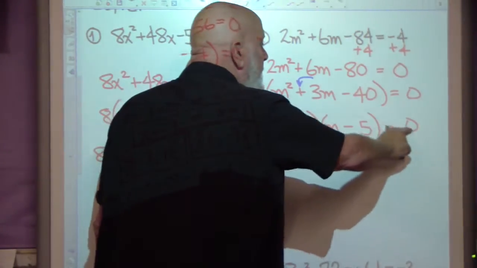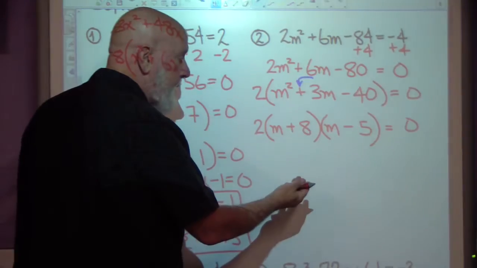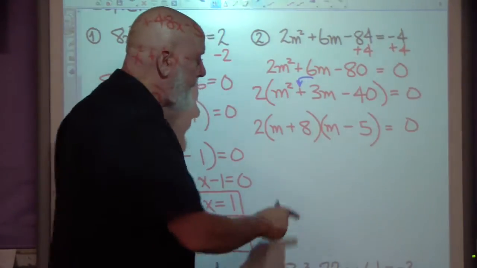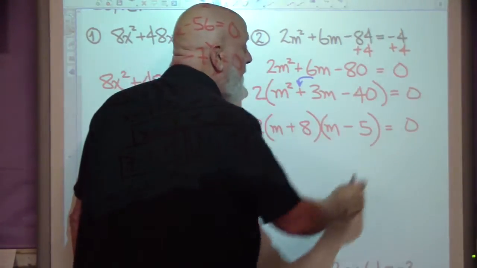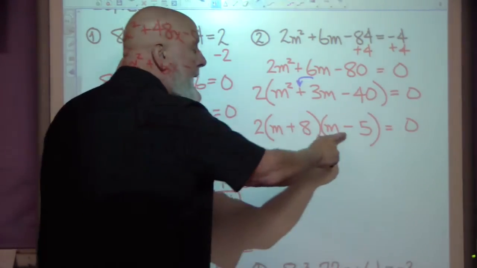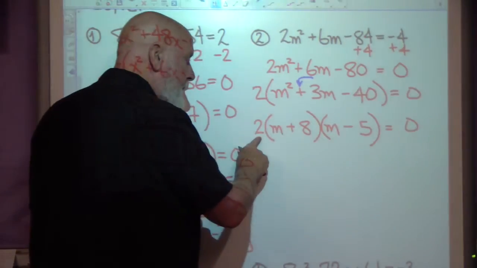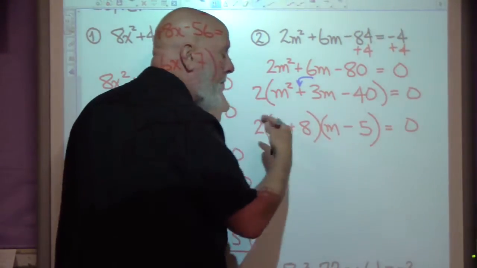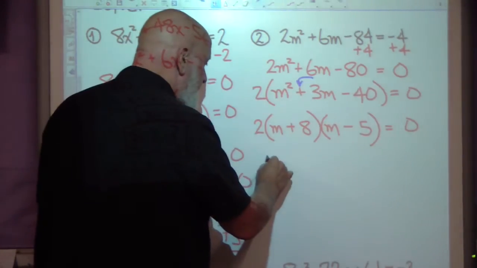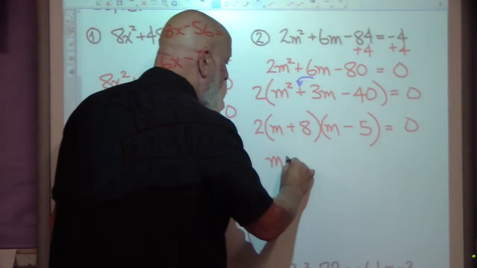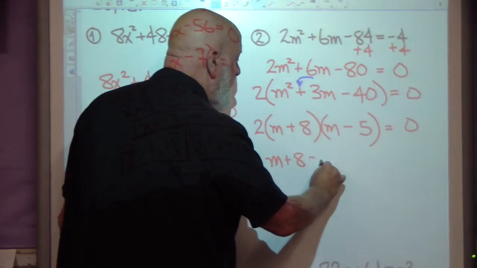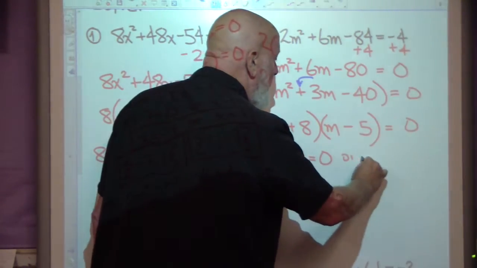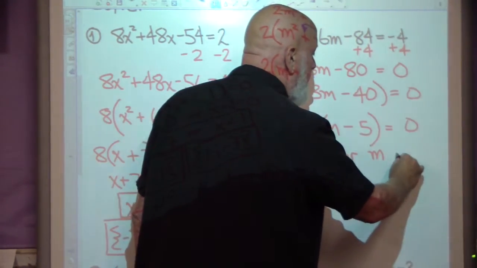Now I've got it factored, and I employ the zero product property. The zero product property says if these 3 things are multiplied together and I get 0, one of them has to be 0. This one can't be, but this could be, and this could be, depending on the value of m. So I'm going to say, well, m plus 8 could be 0. Or m minus 5 could be 0.